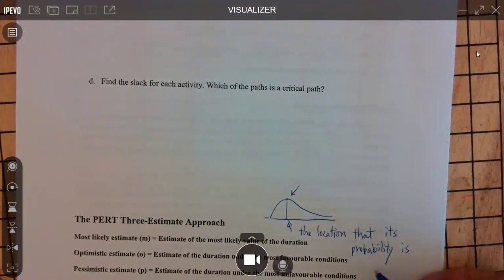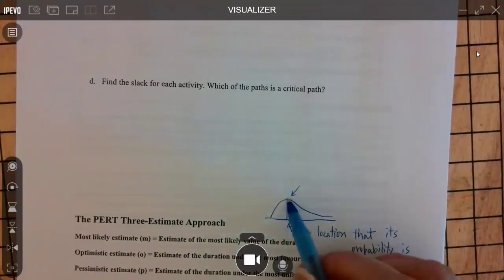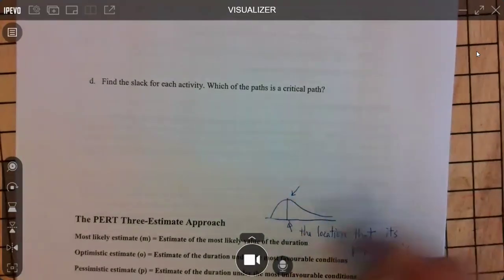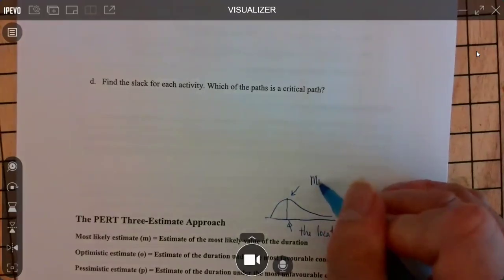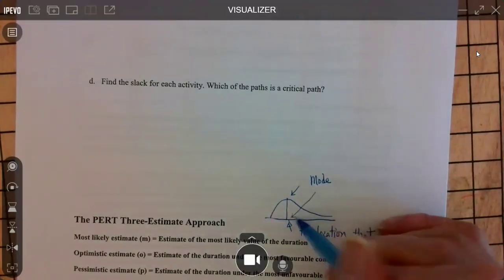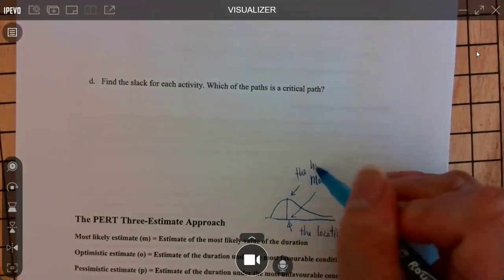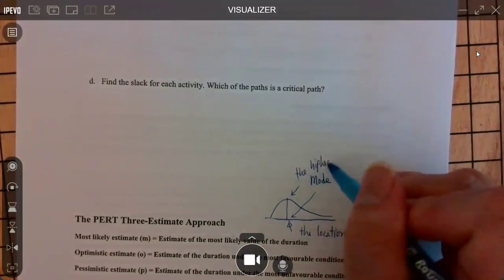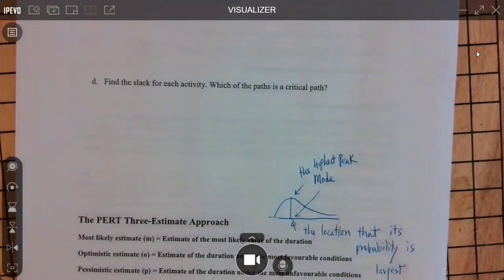Is largest. This is the location, see a peak, okay? The highest peak. Some people also call this is what? Mode. Okay? Mode is actually this location. Okay, you see the highest peak.